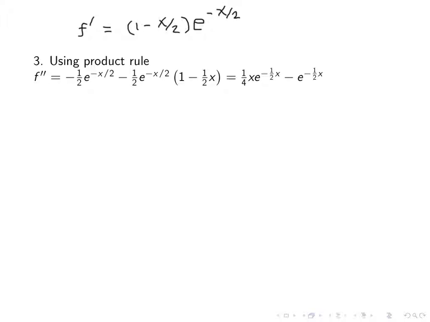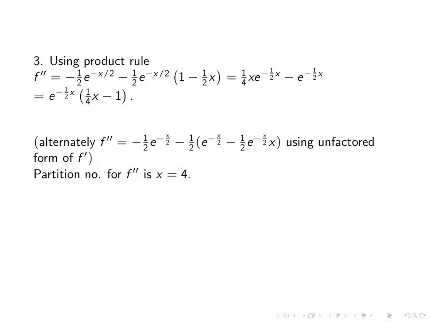And the second term comes from minus 1/2 e to the minus x over 2 times 1. There is an alternate version for computing f double prime where you multiply out f prime first, but I won't expand on that right now. But there is an alternate version.